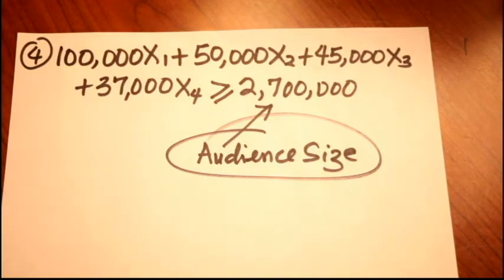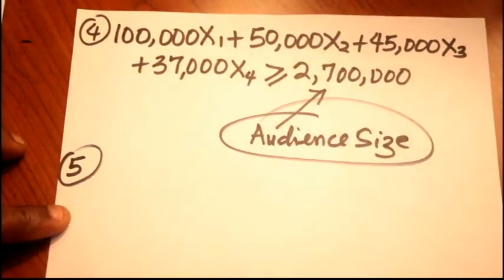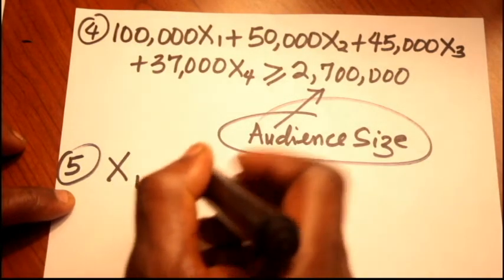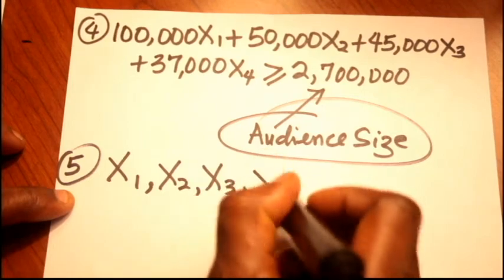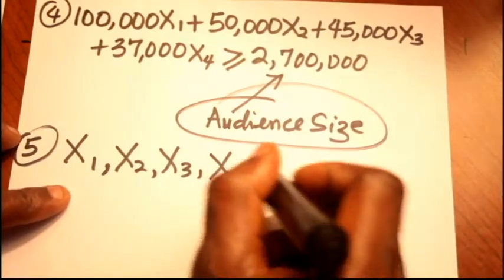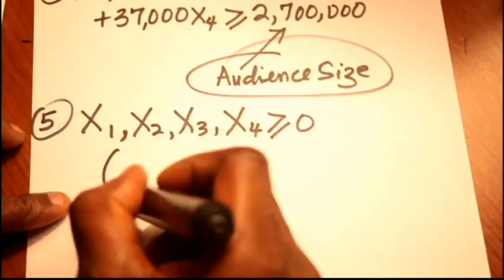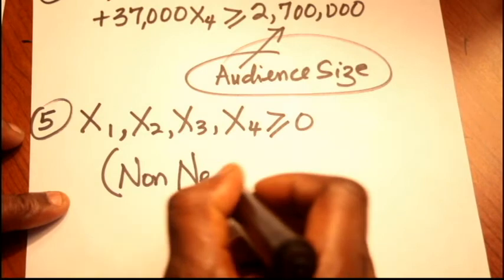After that, the last step we take is to identify the non-negativity constraint, which says X1, X2, X3, X4 must all be greater than or equal to 0, and this stands for the non-negativity constraint.